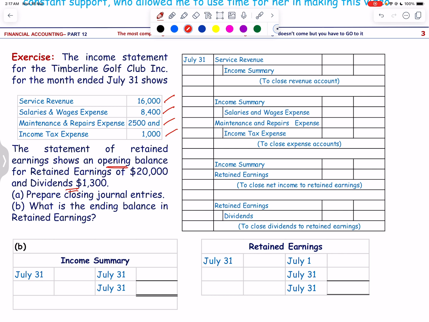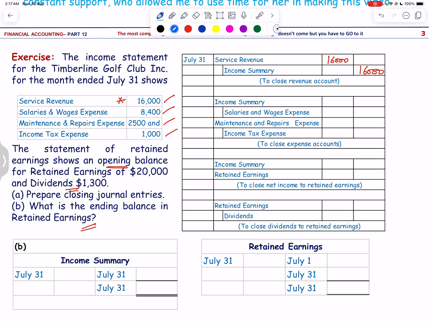We have to close the service revenue, and to close the service revenue it is debited by 16,000 and income summary is credited by 16,000. We have to close the expenses, that is salaries expense, maintenance and repairs and income tax expense.